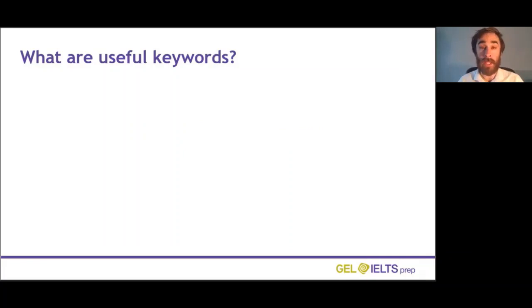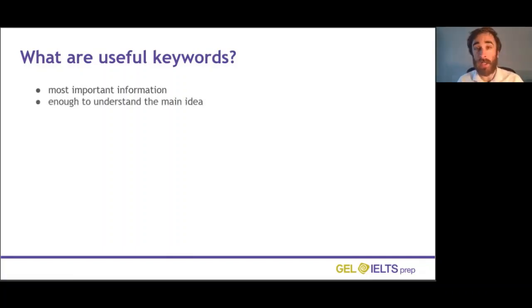So, what makes a useful keyword? Well, keywords are the words in the sentence which contain only the most important information. If we were to remove the other words, then the keywords by themselves should be enough to understand the meaning of the sentence. Examples of words which are not keywords would be things like articles, the verb to be, prepositions often.